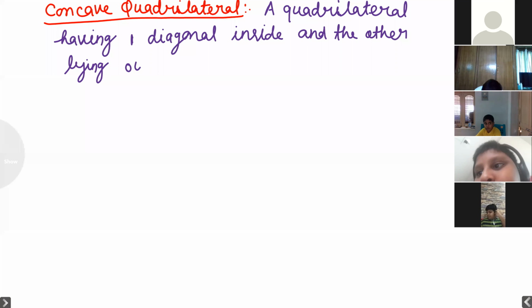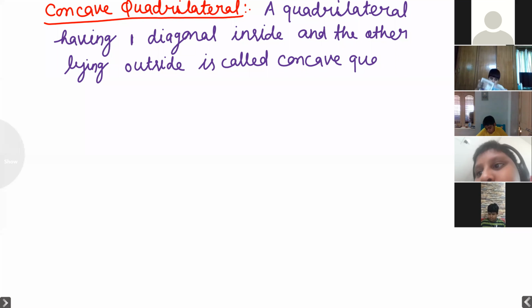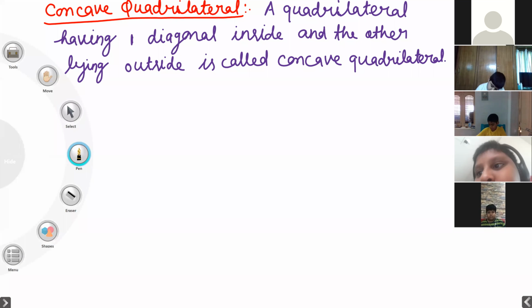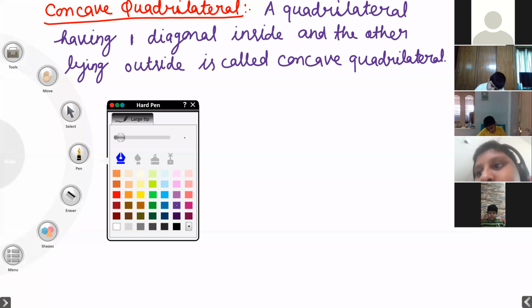It means one diagonal will lie inside and the second diagonal will lie outside. That is called a concave quadrilateral. Draw this figure.